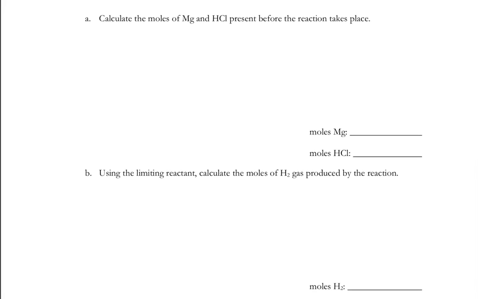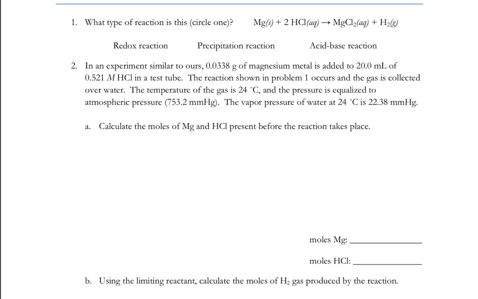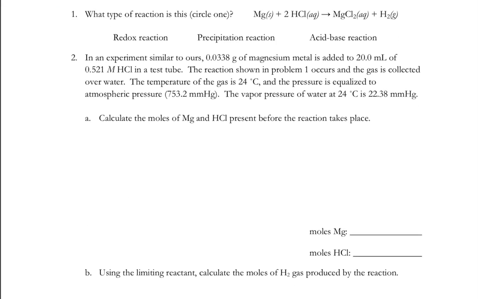Alrighty, so we have to decide which of those two is the limiting reactant. So we would take the smaller of the two numbers, which turns out to be the magnesium, and we would convert moles of magnesium to moles of HCl needed. You see the 1:2 ratio between the magnesium and the HCl.